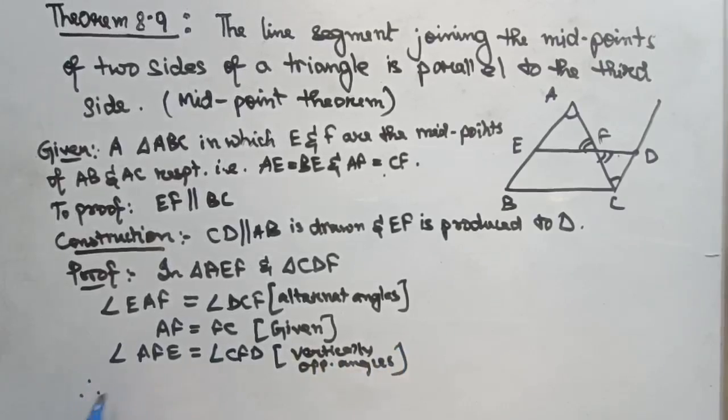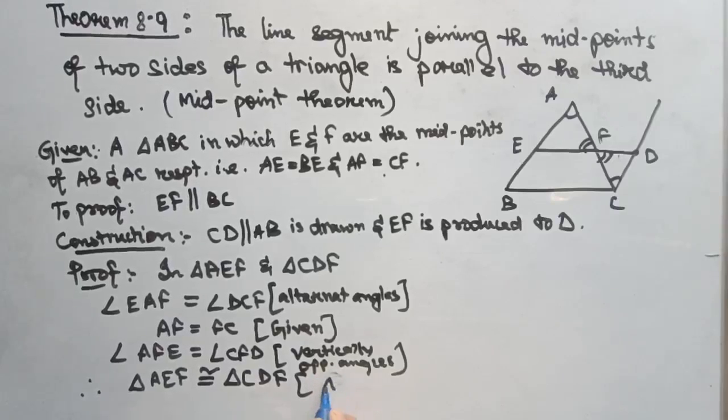Therefore, these two triangles, triangle AEF and triangle CDF, are congruent to each other by ASA congruence rule.